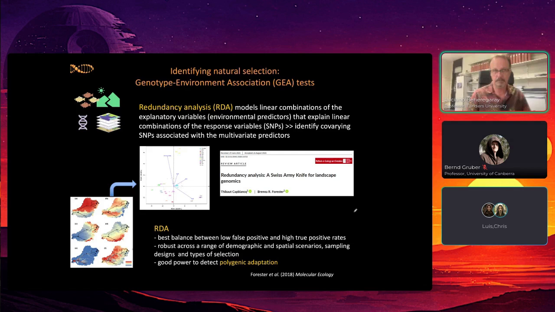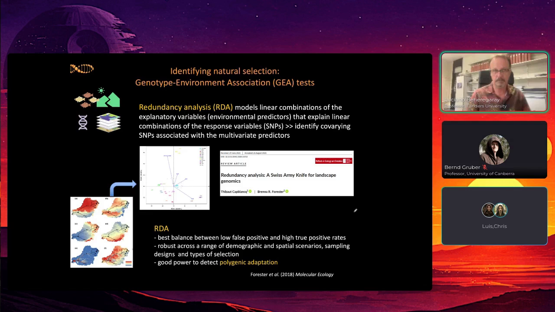which is a major problem in our field because we have so many markers, right? And there is, of course, a good expectation that many of those markers will just be giving you false positives in your tests of selection. But it also gives a good balance with high true positive rates.